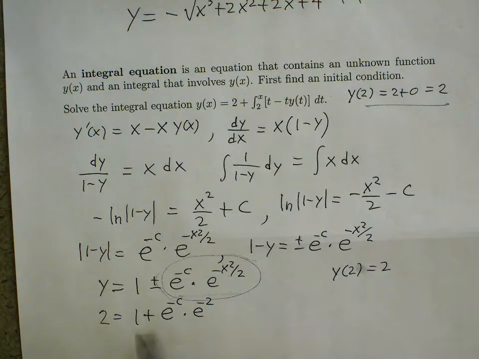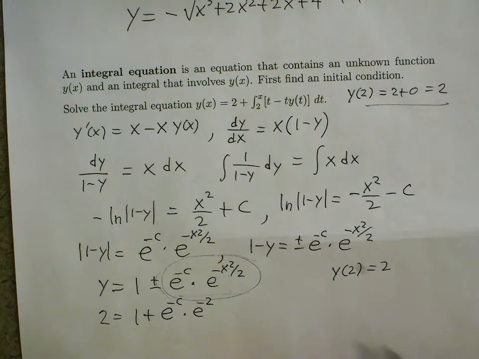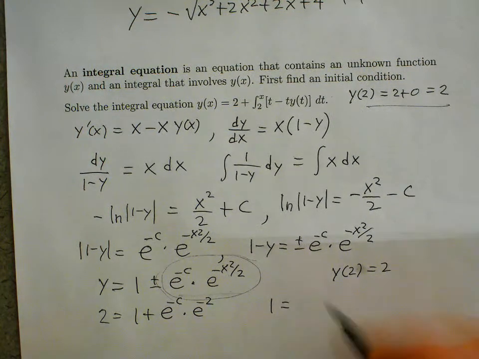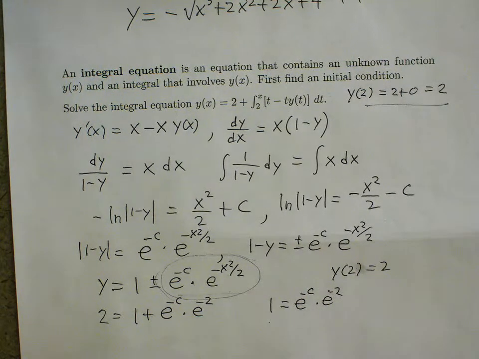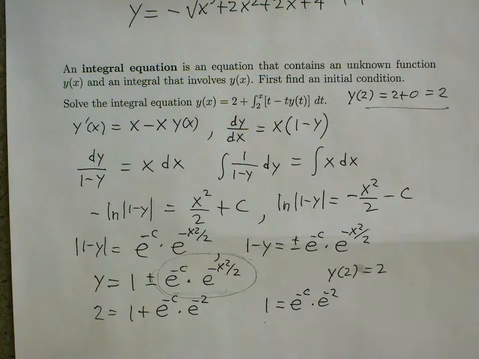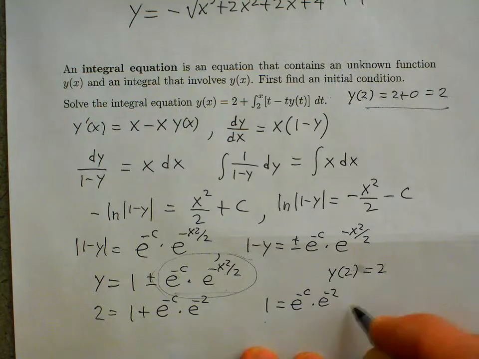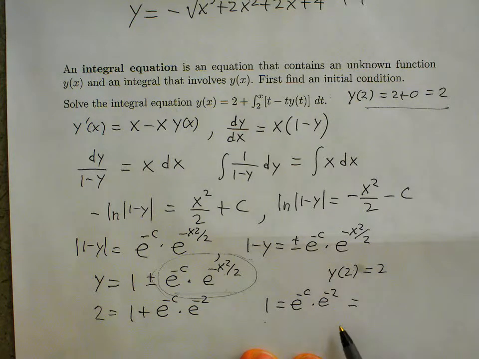So if you subtract 1 from both sides, when is e to the negative c times e to the negative 2 equal to 1? Yeah, when those exponents are negatives of each other, right?